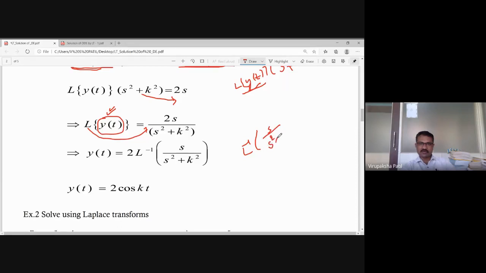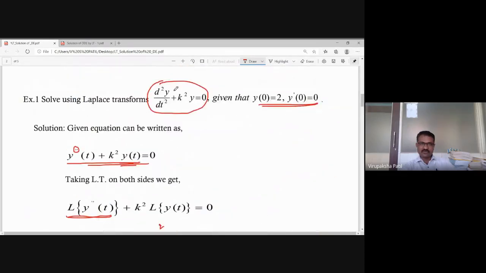At least don't memorize by heart, but keep in mind: the Laplace transform of s divided by s square plus a square becomes cos at. If it is cos at, in place of a you have k here, so it becomes y of t is equal to 2 times cos kt, which is the required solution of this given IVP.